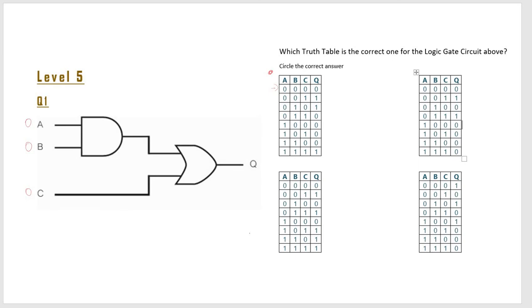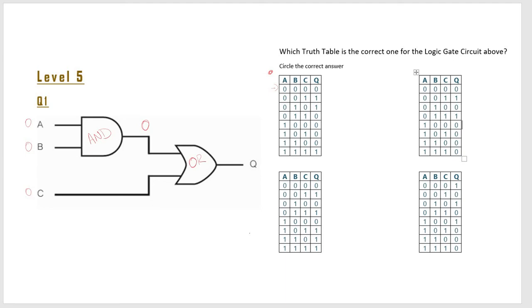Now we know an AND gate, so this is an AND gate here, requires both inputs to be 1s for there to be an output of a 1. In this case, because A and B are both 0, the output here is going to be 0 as well. C is going directly into the OR gate here.